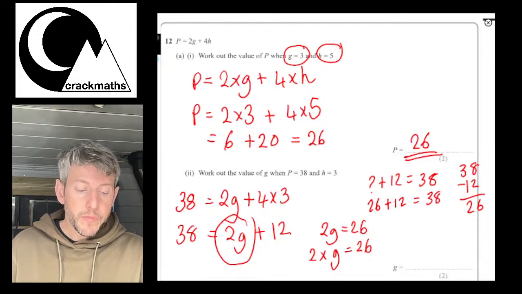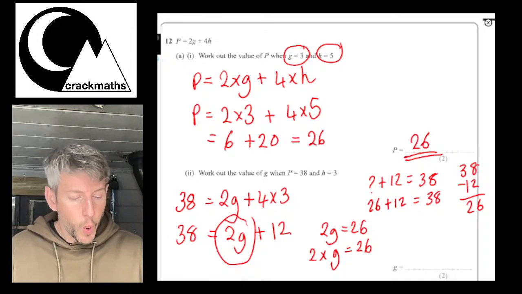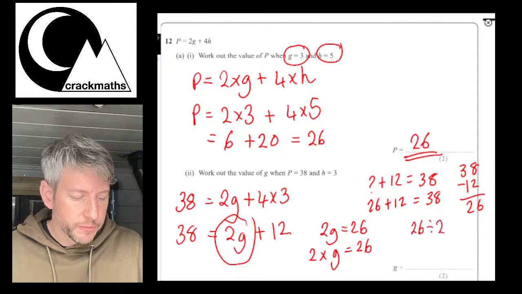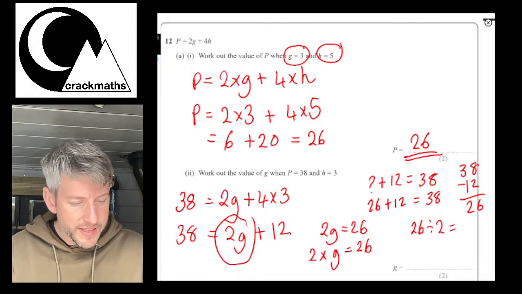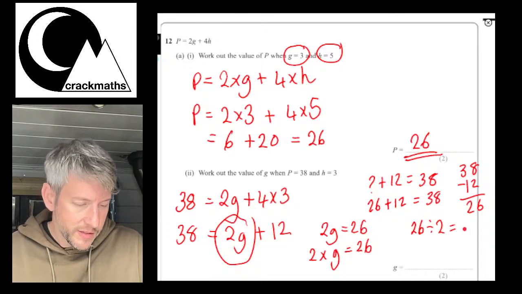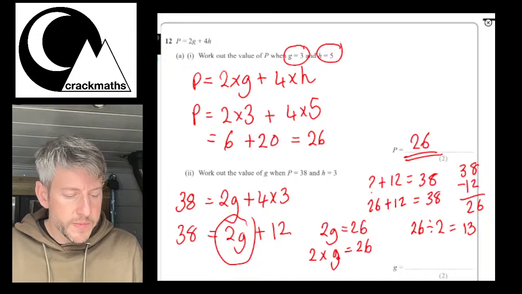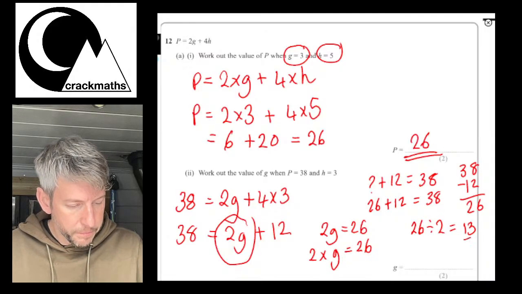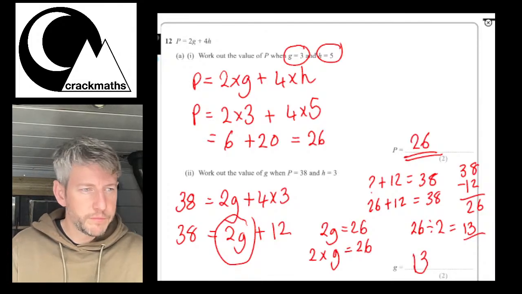What I have to think about is what times 2 equals 26, or in other words, what is 26 divided by 2? Because remember, we can rearrange these three things. Well, 26 divided by 2 is 13. So if 2 times something equals 26, that something must be 13. So G equals 13.